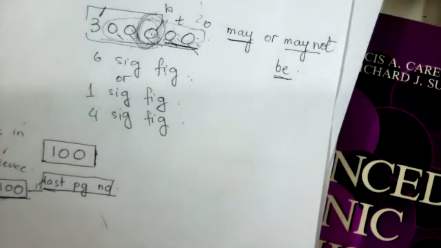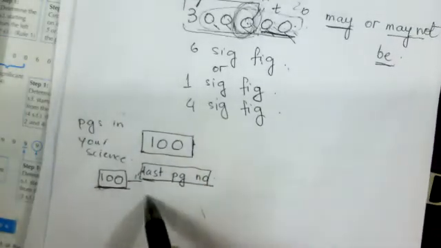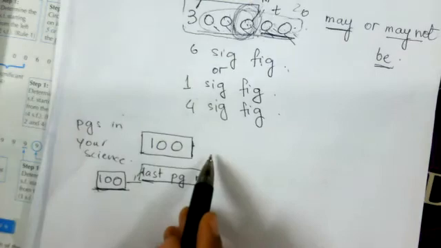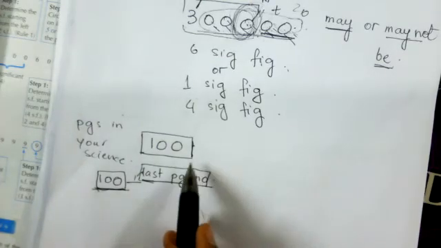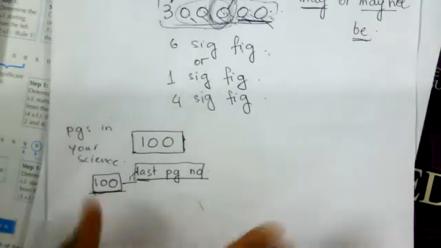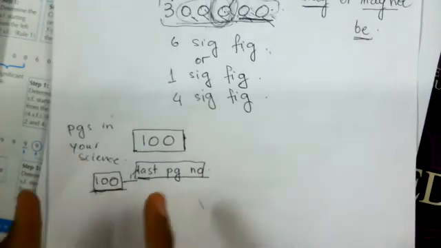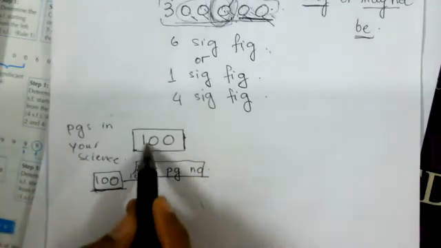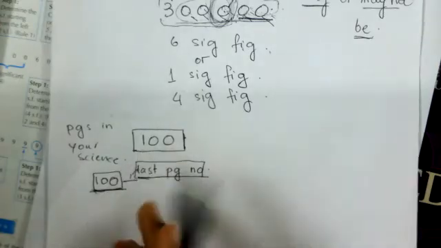It's a last page number. So you have to pay attention to the wording of the question, and again you have to see how sure the questioner is about each of these digits. So this was one example.